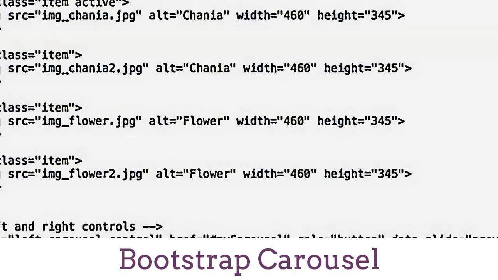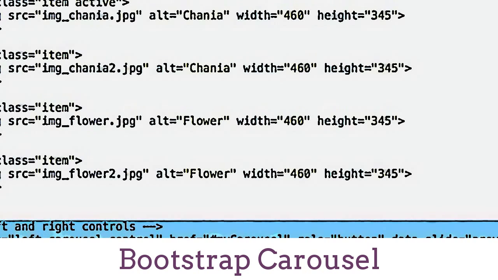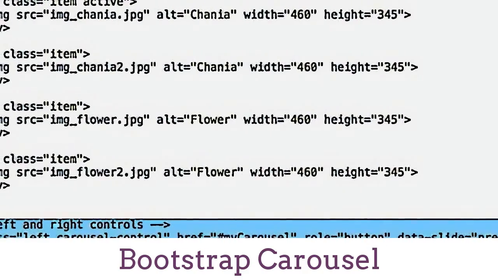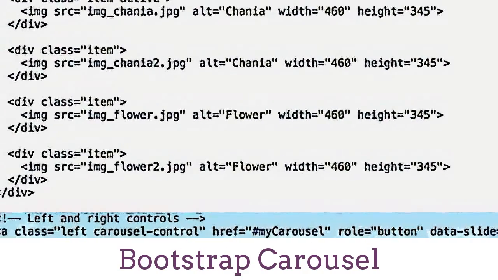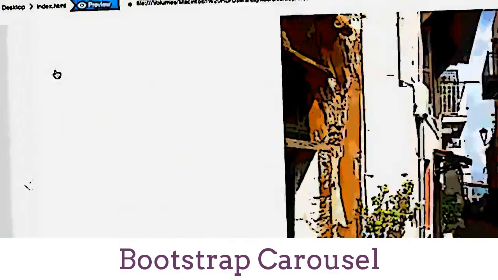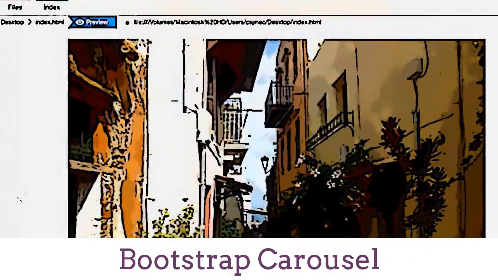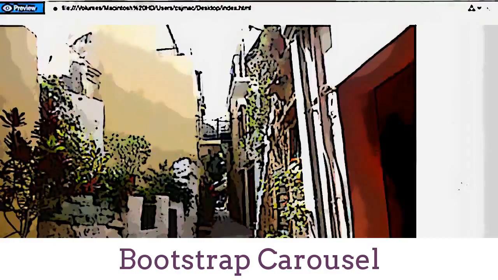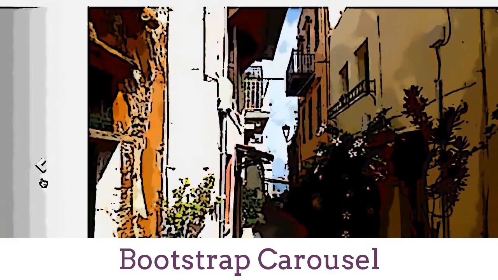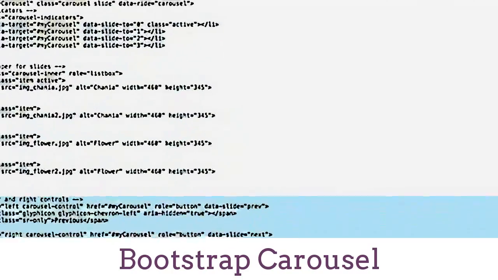Okay, and finally, we have the left and right controls, and with the left and right controls, we can control if we want to go to the next picture or the previous picture. Basically here we're talking about here and here. Click to the right, and we'll go to the next. Left arrow, we'll go to the previous picture.